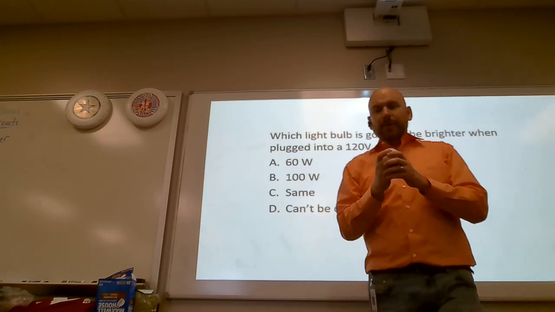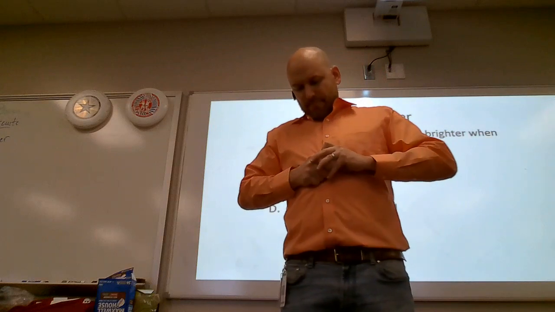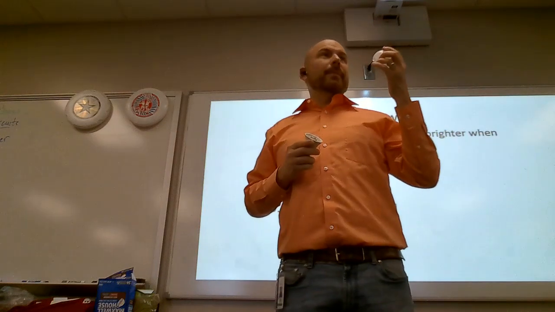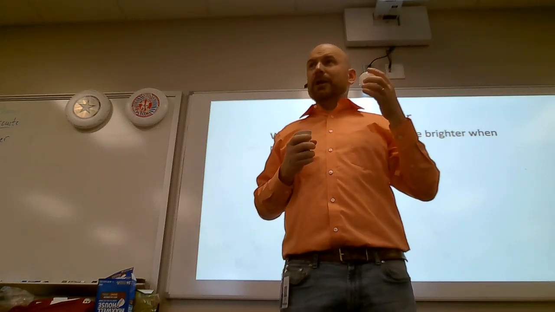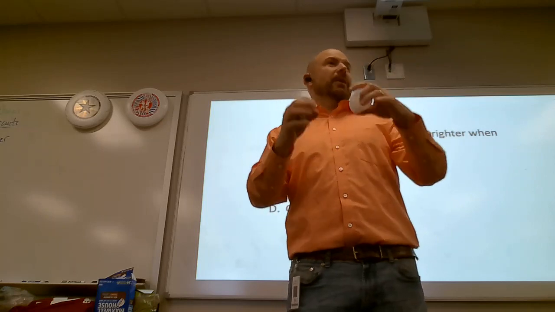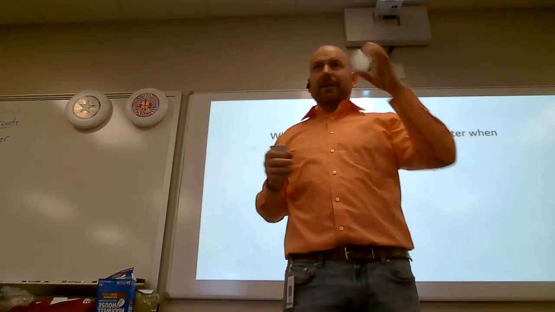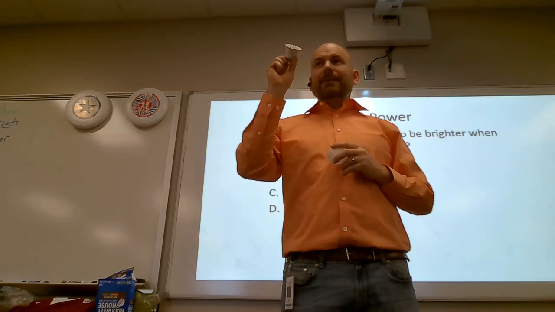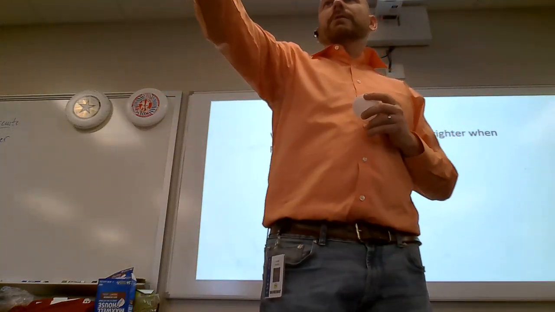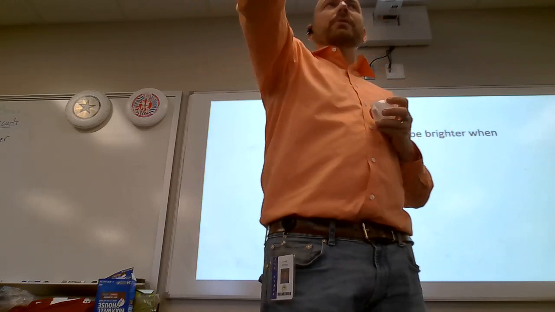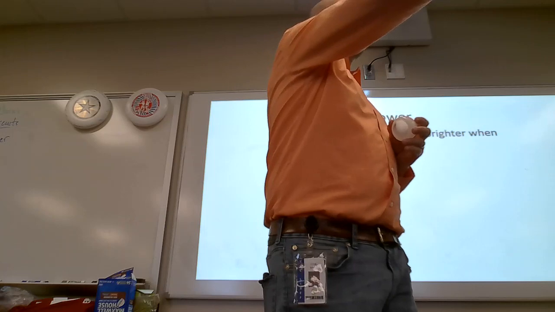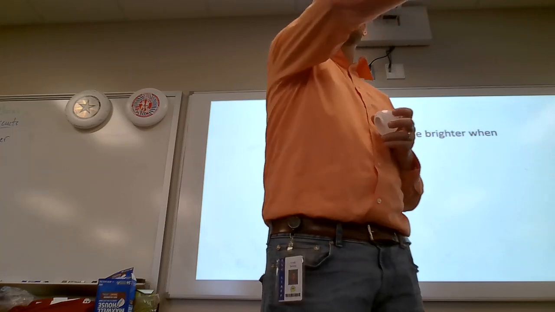If you ever break one of these open, it doesn't have a filament. This is just the diffuser. If you ever have a lamp with a lampshade, you take the lampshade off, it's piercing light. Put the lampshade on it, it diffuses it. That's what this does. Inside of here, those orange dots are LEDs, light emitting diodes.